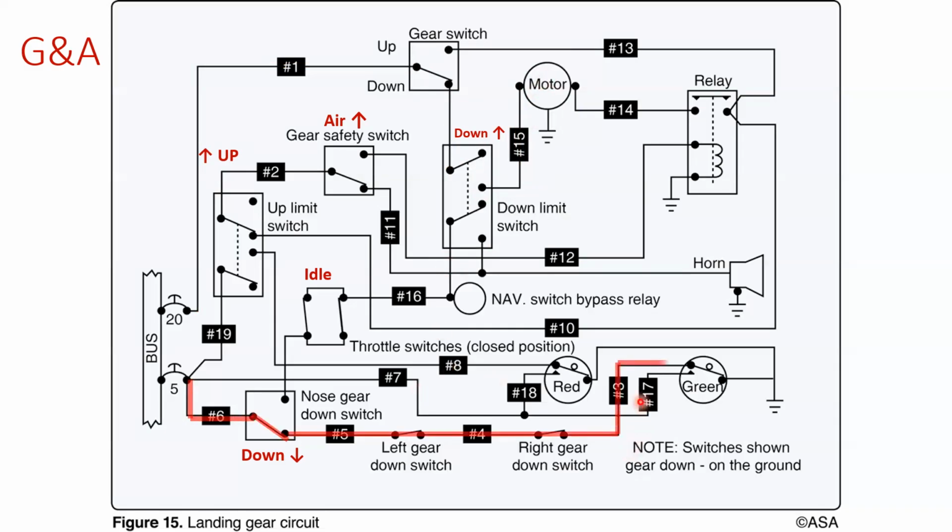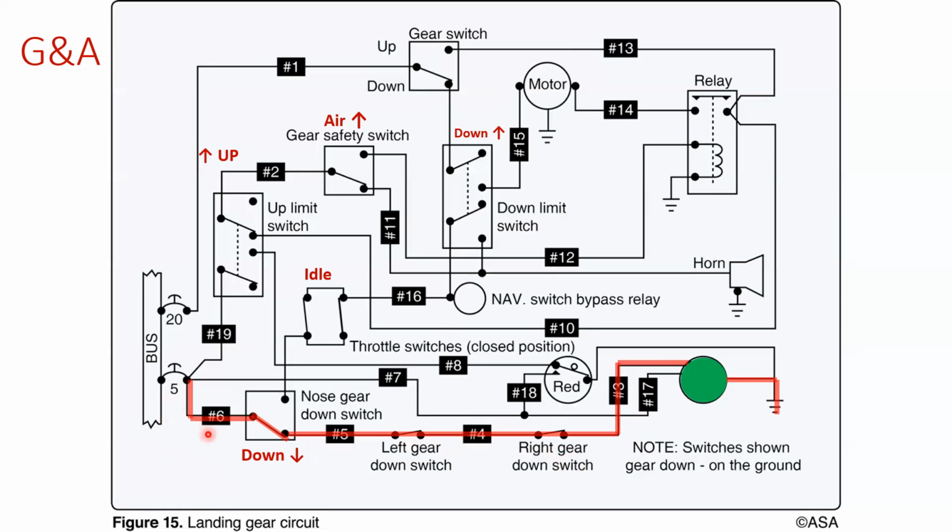So this bottom circuit, we're just going through the green light and basically getting this green light to come on, with power going through this down switch for the nose gear. And then there is a left gear and a right gear down switch.